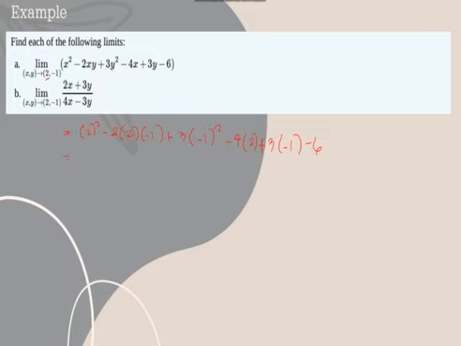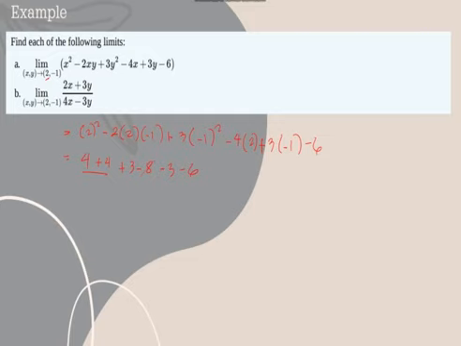Then we simplify. We have 4 plus 4 plus 3 minus 8 minus 3 minus 6.